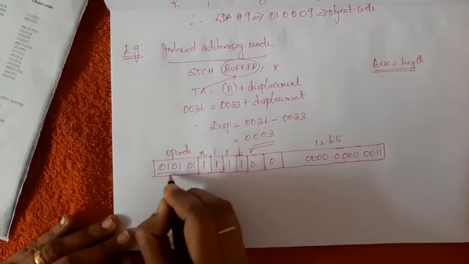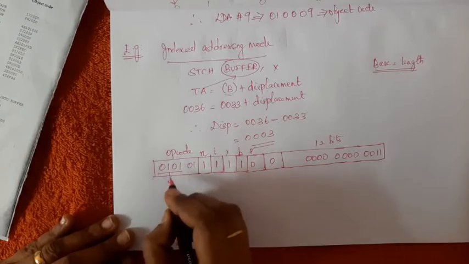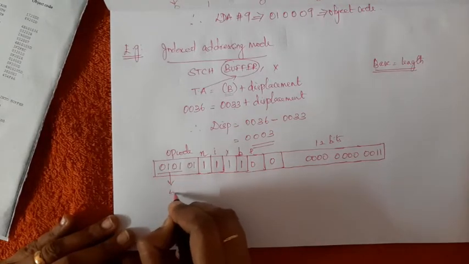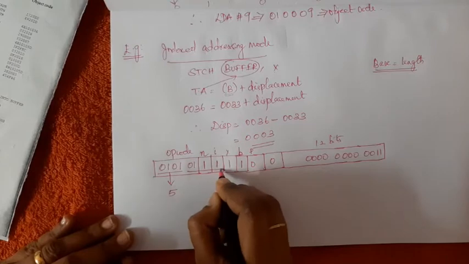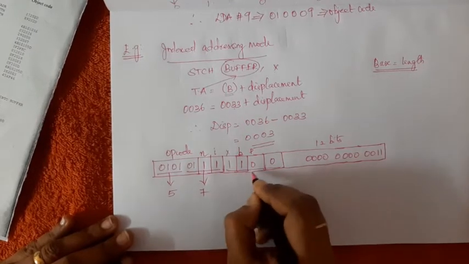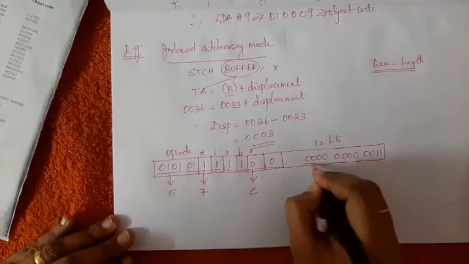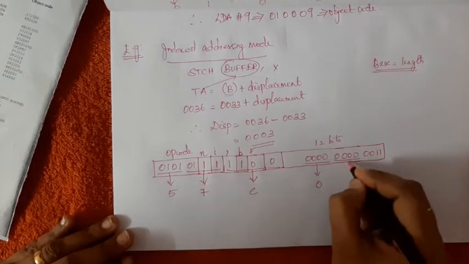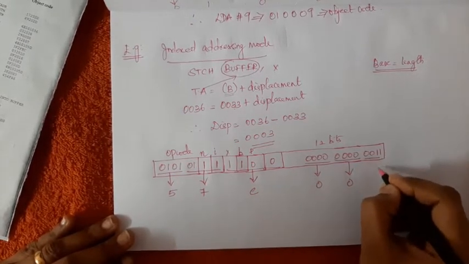We have to combine the bits in groups of 4. 0101 is 5, combine 0111, which is equal to 7, 1100 would be C, and 0000 is 0, 0, and this is 3.